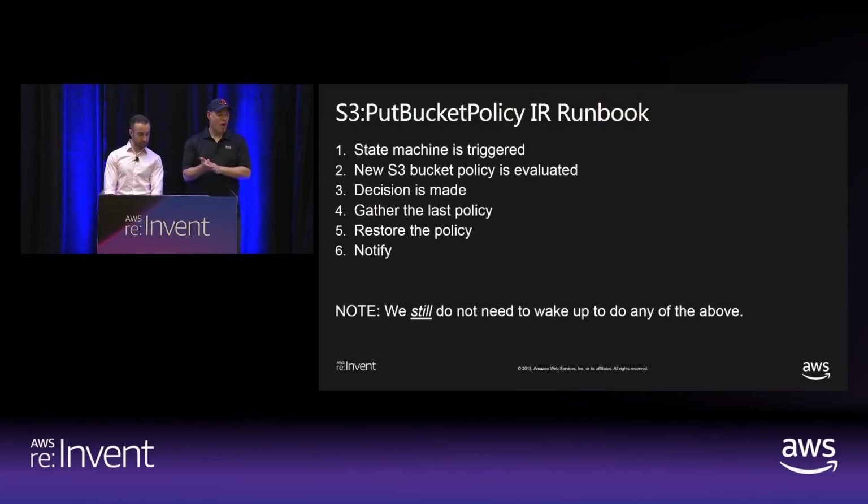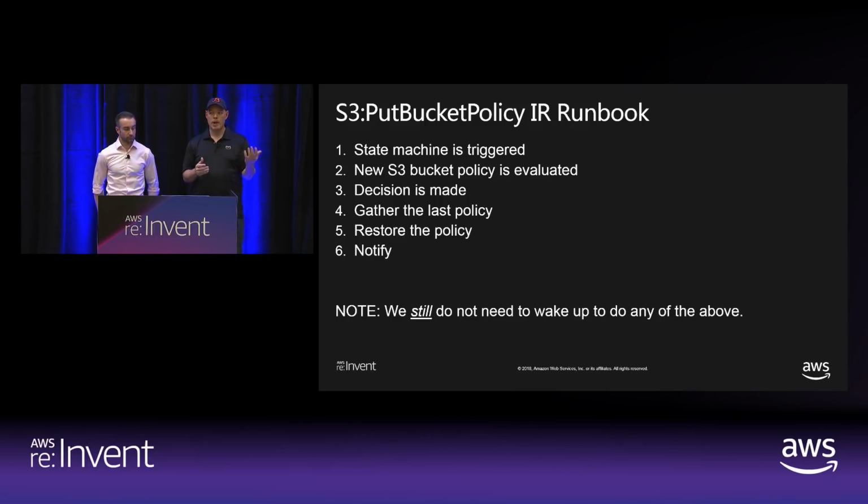So our next demo is looking at a service that we all know and love, S3, and looking for a change in a bucket policy. A change in a bucket policy is not necessarily bad, but we need to understand that change, and we might need to take action based off of it.